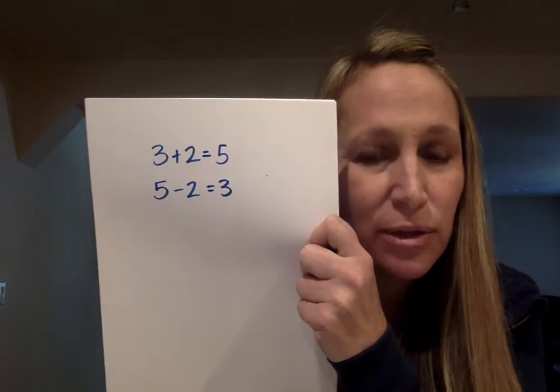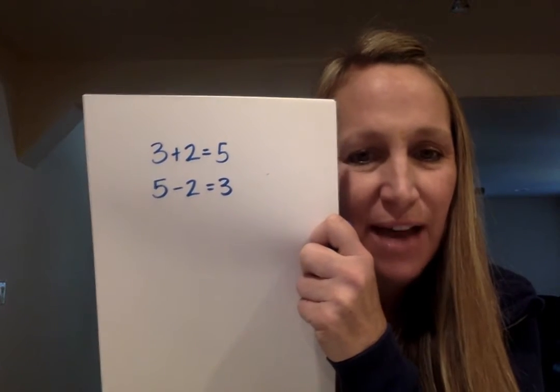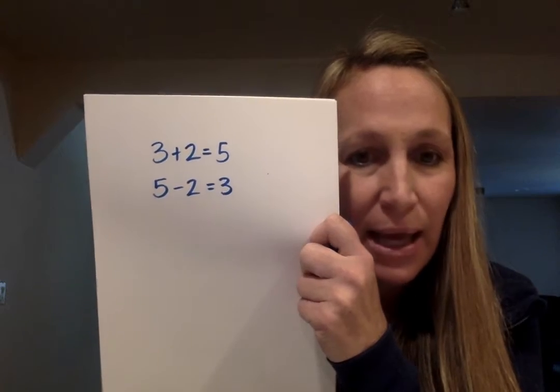So I'm going to turn these three numbers into a fact family really quickly, and I'll show you how they relate. And then I'm going to do it with some numbers with tens for you. So a fact family would be 3 plus 2 equals 5, 2 plus 3 equals 5, 5 minus 2 equals 3, and 5 minus 3 equals 2. That, boys and girls, would be our fact family.